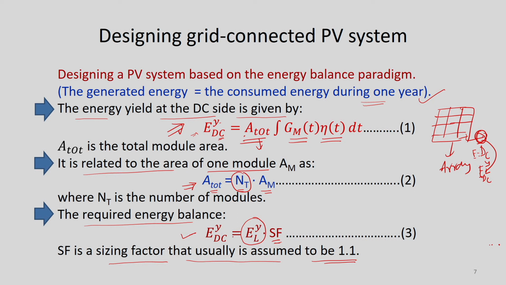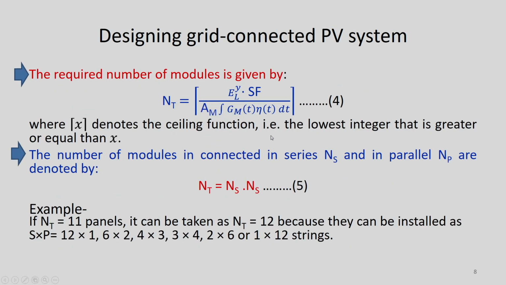So, once we equate this, and if we substitute this expression here, and also use equation 2 here, then we can simplify equation 3 as something like this. Okay. So, we can calculate the number of modules required, that is NT. NT is E L Y multiplied by the charging factor divided by AM, integration of G M T, which means this is radiation, that is normally global radiation integrated for the entire year, and this is the conversion efficiency, right.